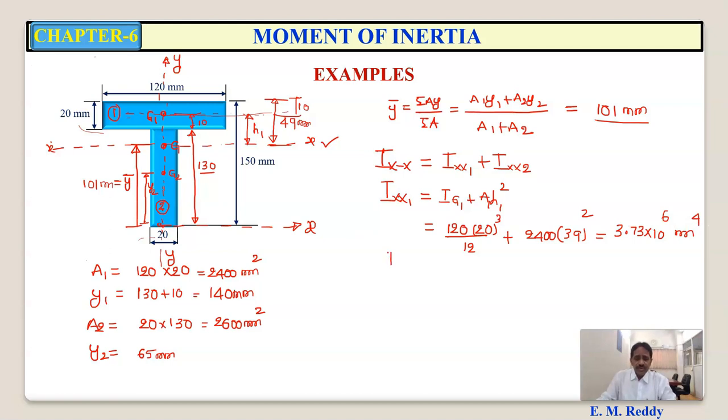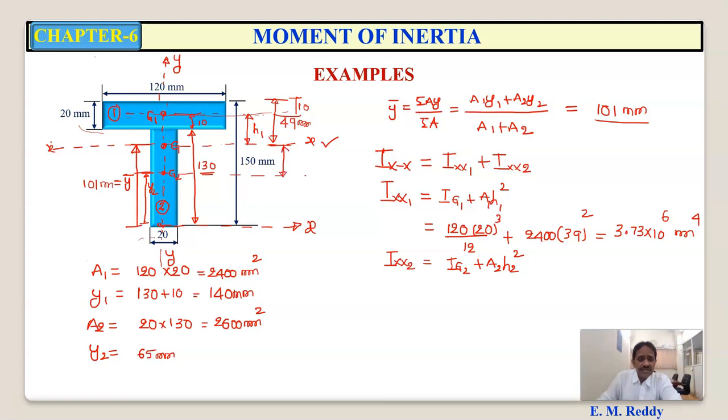Similarly, moment of inertia about the centroidal axis of the entire figure for rectangle 2 is using again parallel axis theorem. It is IG2 plus A2 H2 square. So here G2 is here. The axis passing through G2 and the axis of the entire figure.